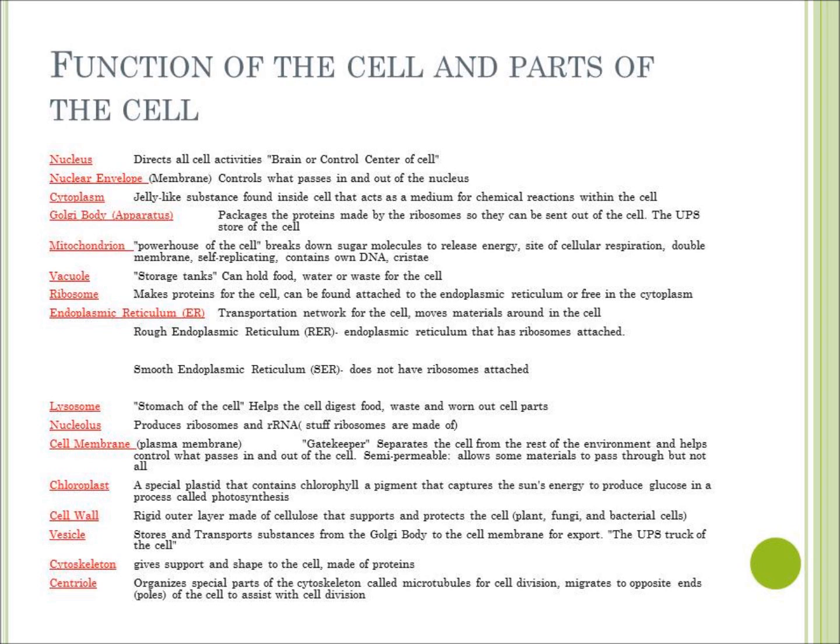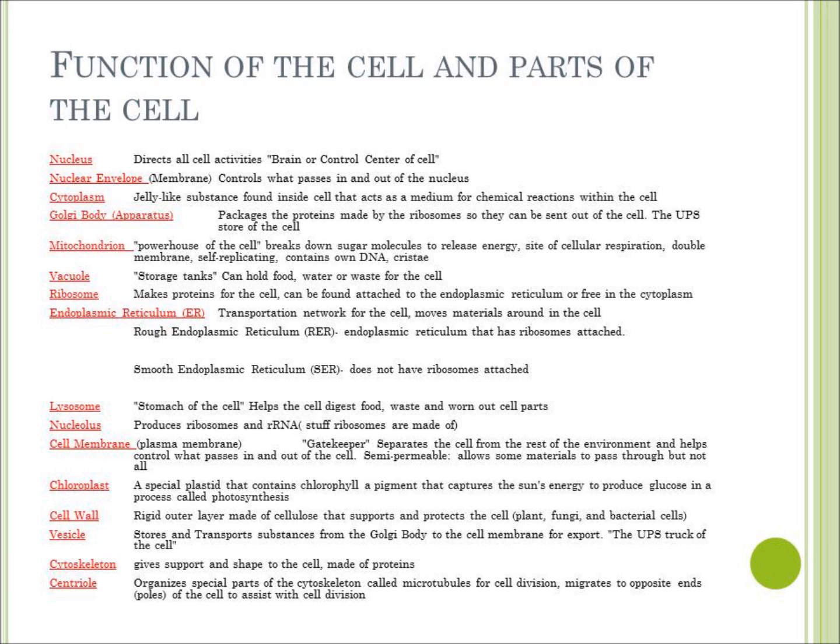The chloroplast is a special plastid that contains chlorophyll pigment that captures the sun's energy to produce glucose in a process called photosynthesis. A cell wall is a rigid outer layer made of cellulose that supports and protects the cell. This is only in plant, fungi, and bacterial cells.